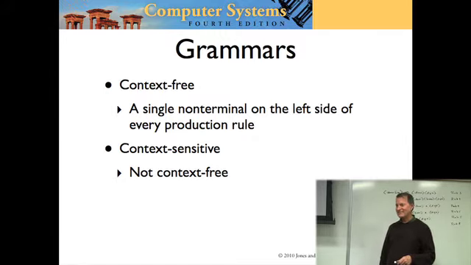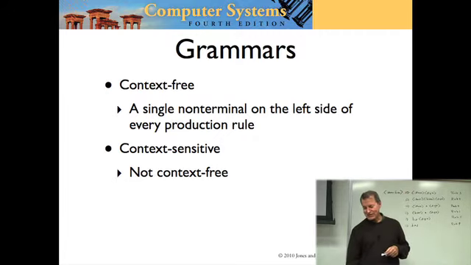At least one production rule has to have either more than a single non-terminal, or more than one non-terminal. Yeah, there has to be one that doesn't just have a single non-terminal on the left-hand side. Are you with me?